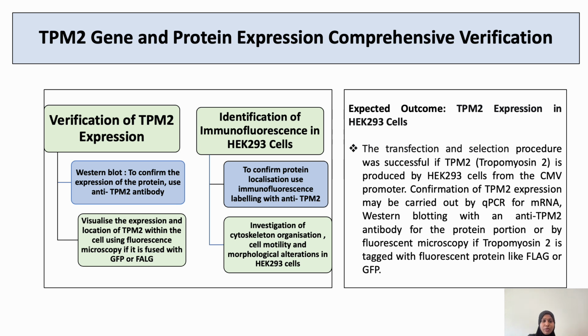This could be done through qPCR for TPM2 mRNA, Western blotting using anti-TPM2 antibodies for protein detection, or fluorescence microscopy if the protein was tagged with FLAG or GFP. A successful expression confirms that the CMV promoter is functioning and that the HK29 cells are producing the target protein.